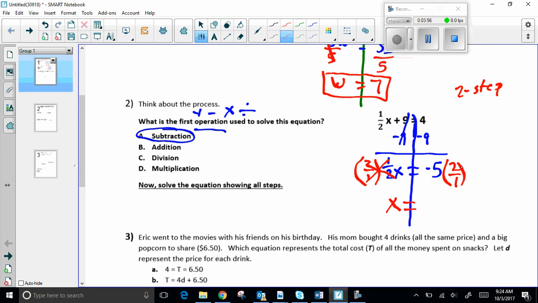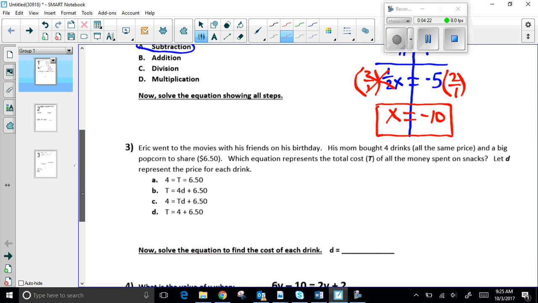Now I'll make it look like a fraction right now, but 2 over 1 is really just 2. So 2 times a -5 makes a -10. I put a box around it like this, and that's it. I'm all done. Make sure that your problem looks like my problem. If you don't have your problem organized or you haven't shown your steps on both sides of the equation, go back, make sure that that's done, and then catch up with me, okay?